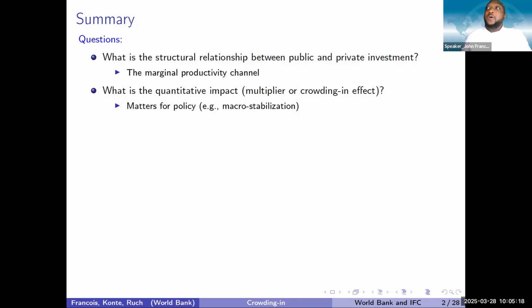Once we're able to quantify the multiplier, it gives us insight into how public investment can be used as a macro stabilizing tool. For instance, during recessions, government can use public investment to help spur the economy back up. These two questions are what we look at, and as I will show in a few slides, the two questions are related.